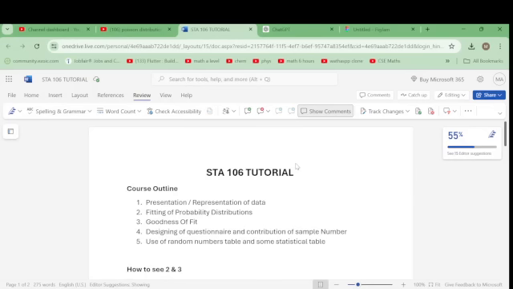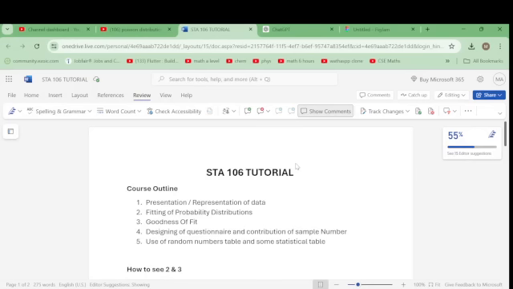Of these five, I think only two make sense and are very hard. The main content of this course is two: fitting of the probability distribution and goodness of fit. Then presentation and representation of data, we treated in first semester, when you show your data as histograms, pie charts, or bar charts, for qualitative and quantitative data.